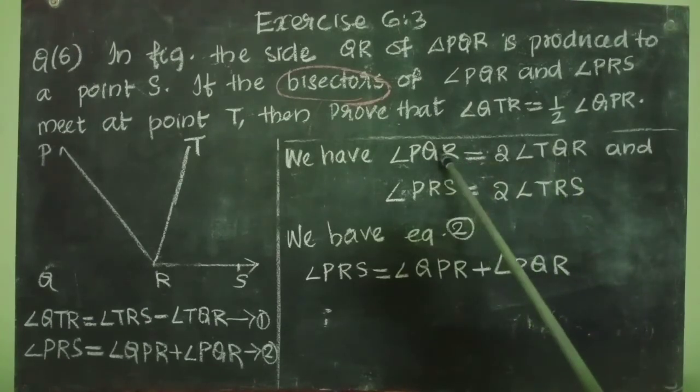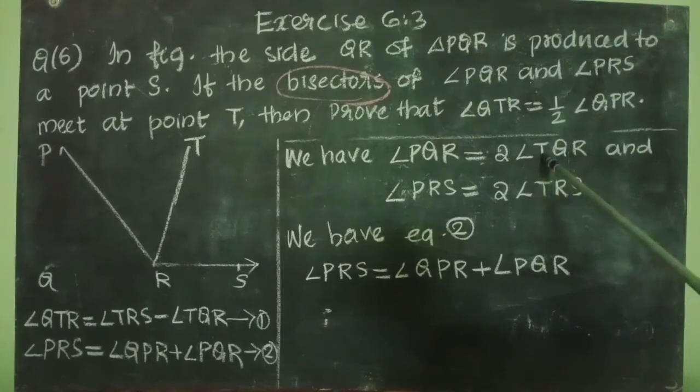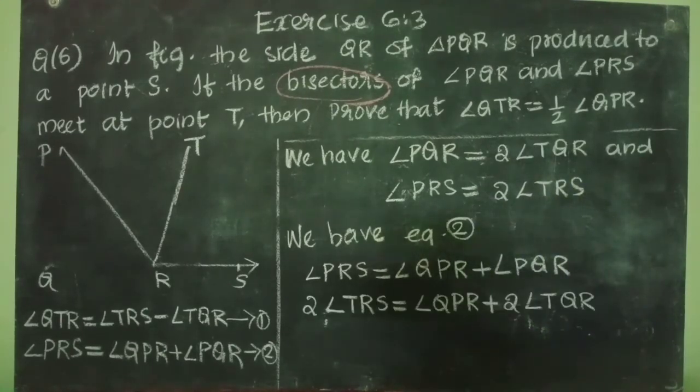So we get 2 angle TRS equals angle QPR plus 2 angle TQR.